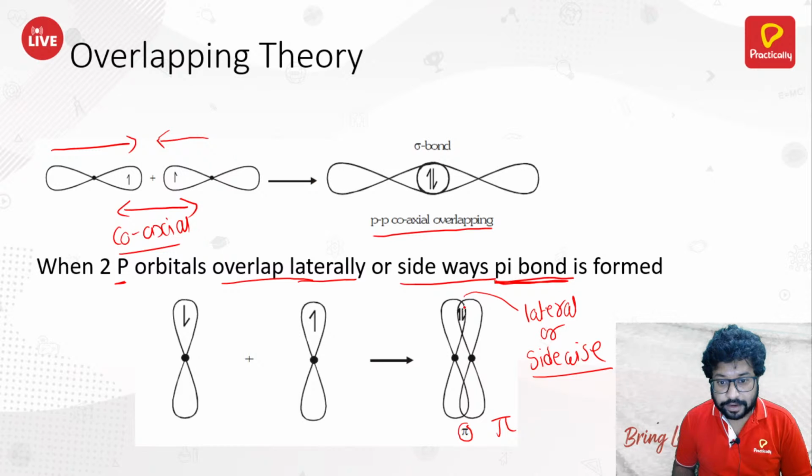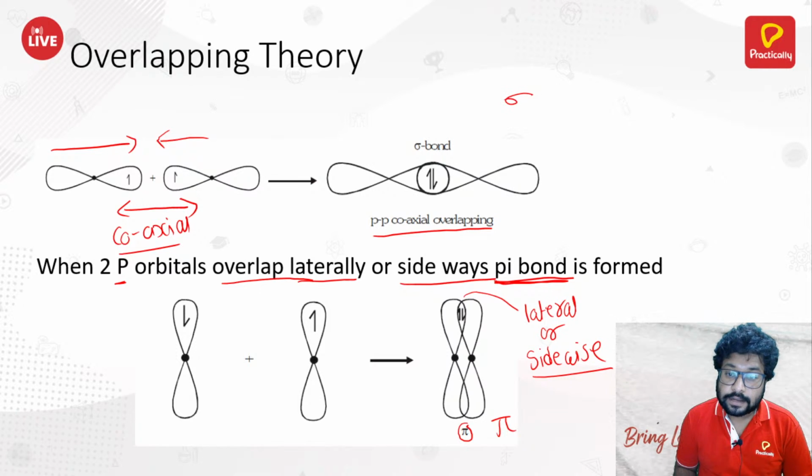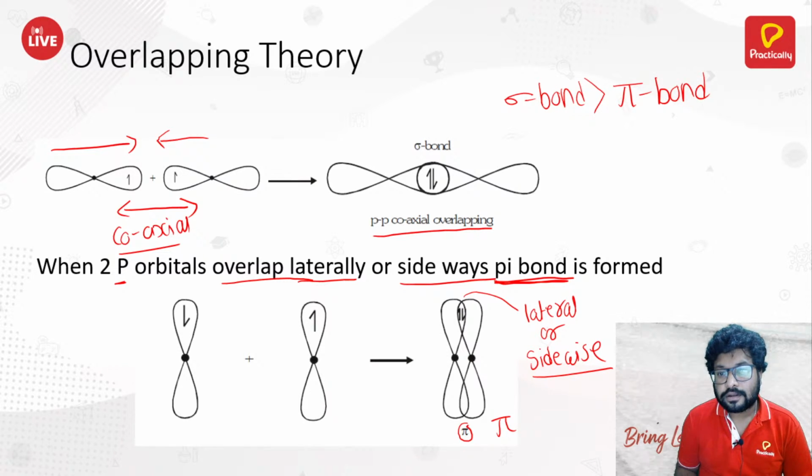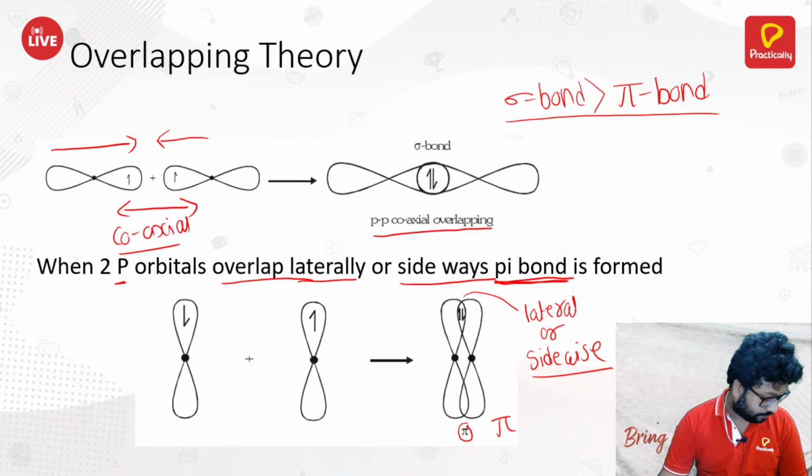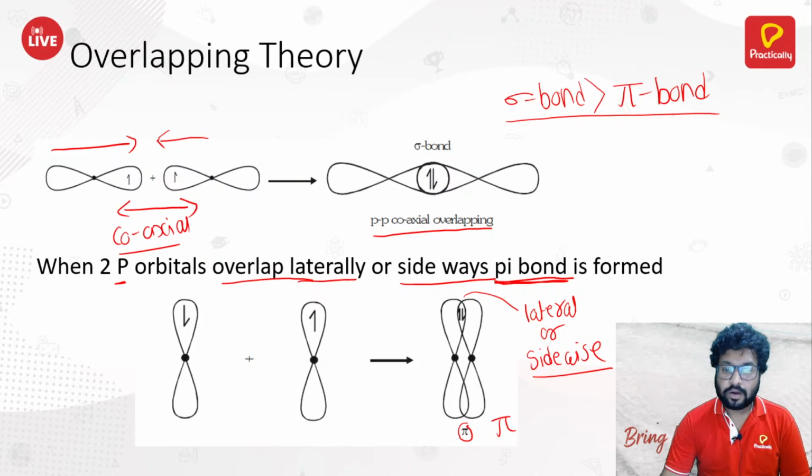The extent of overlapping here is less, but here it's more, and that is why the sigma bond is always stronger than a pi bond. Sigma bond is always stronger than a pi bond. The strength of this bond is always higher. Okay, clear everyone?